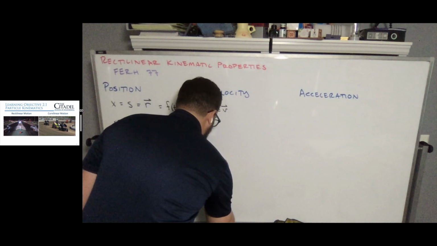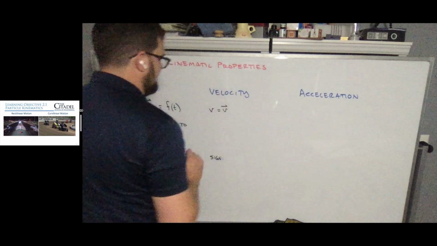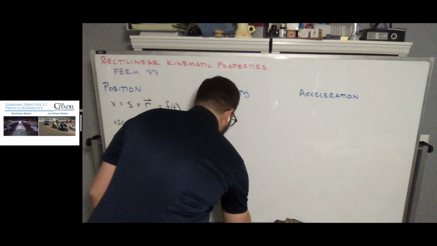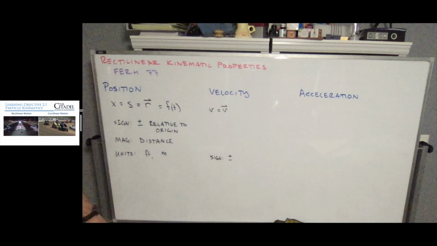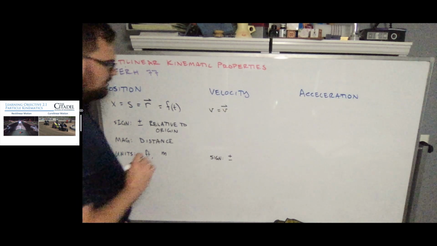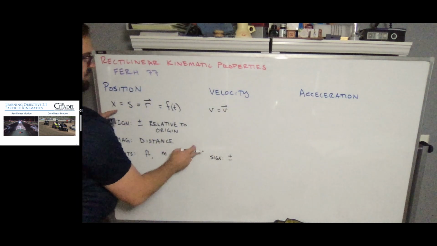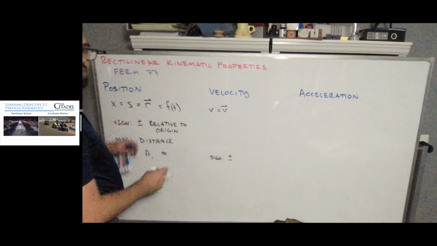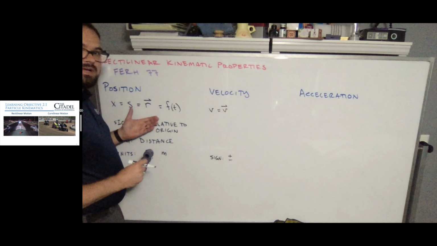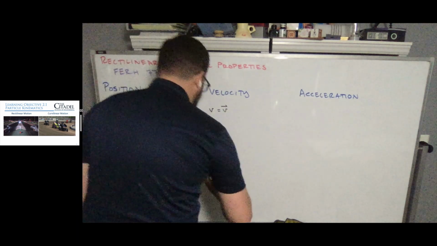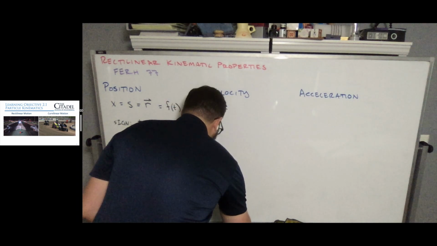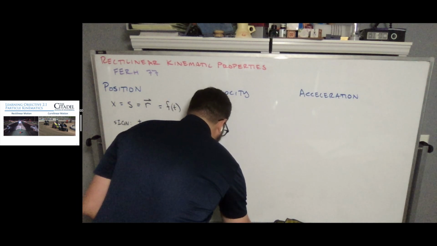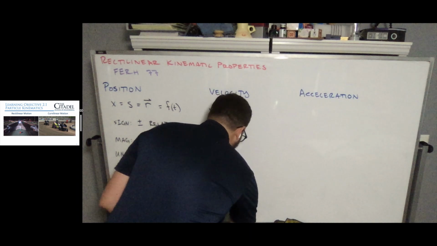It can also be plus or minus, and it doesn't need to be the same or different from the position. So there's a relationship between these two, but it's not a one-to-one relationship. Just because my position is positive, my velocity can be positive or negative. The magnitude, we have a special name for the magnitude, and that's speed.